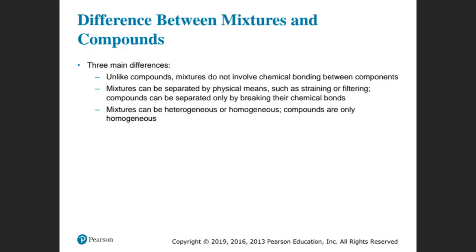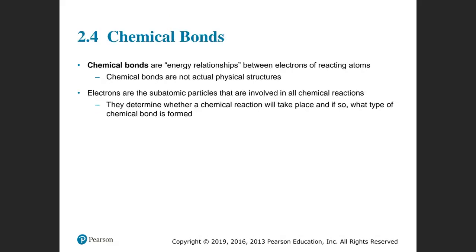So we've talked about compounds and molecules and mixtures, and I'm going to keep going into chemical bonds. These are relationships between electrons, and they are not actual physical structures. They're just a way that the atoms are held together in a molecule or compound.